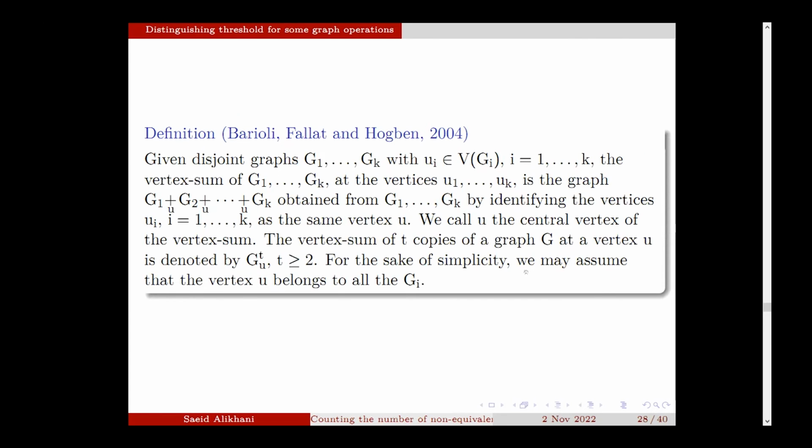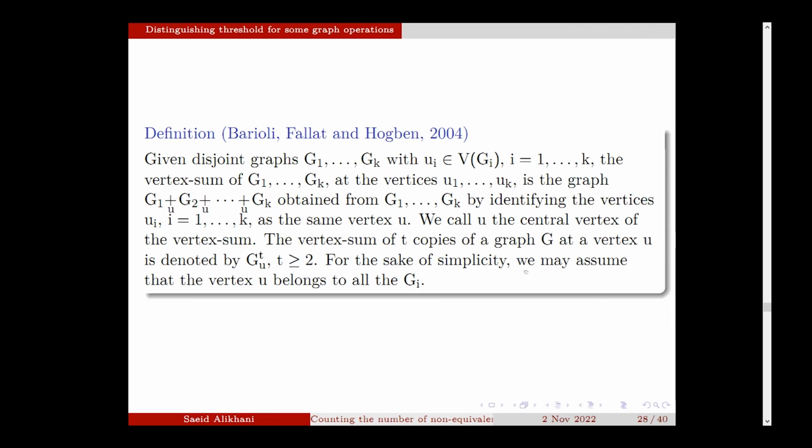let me define an operation between graphs. We have some disjoint graphs G1, G2, and GK, and I choose a vertex from each graph. For example, from G1 I choose U1, from G2 I choose U2, and so on.